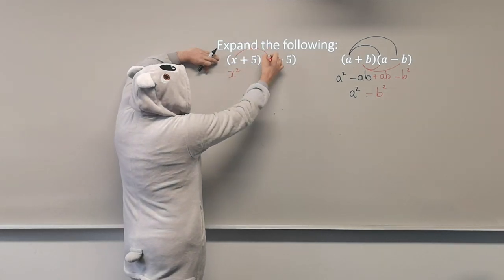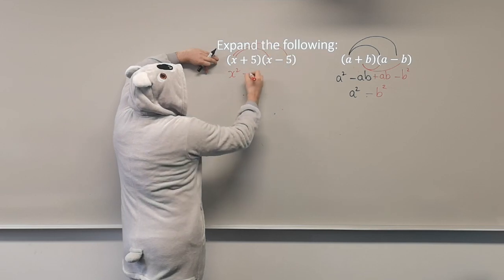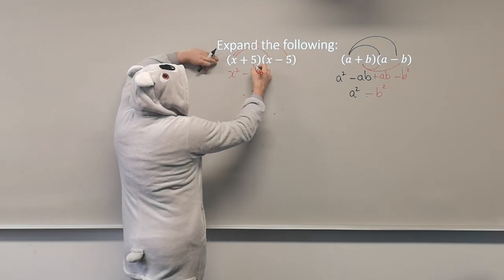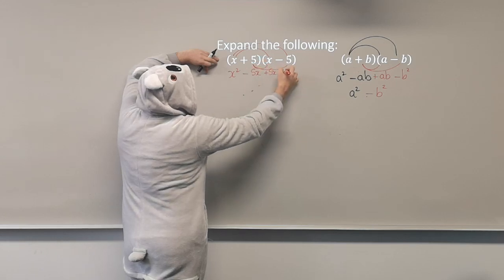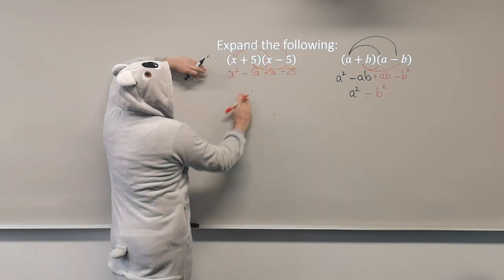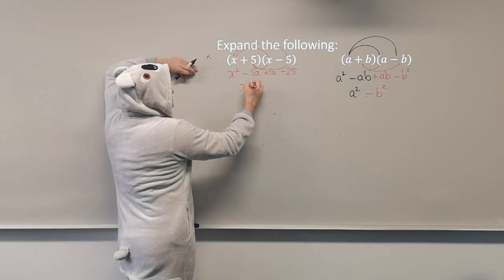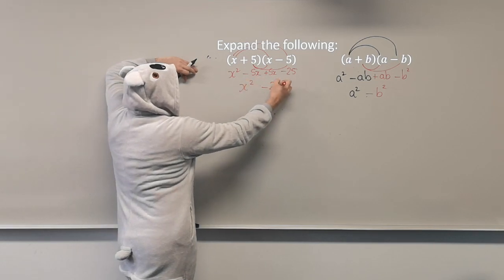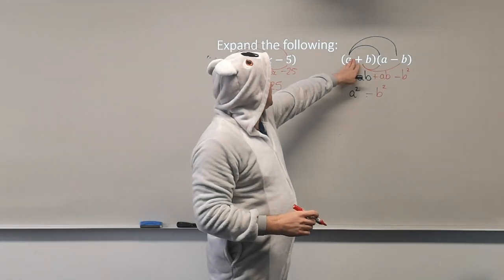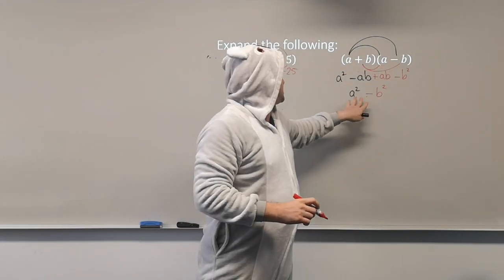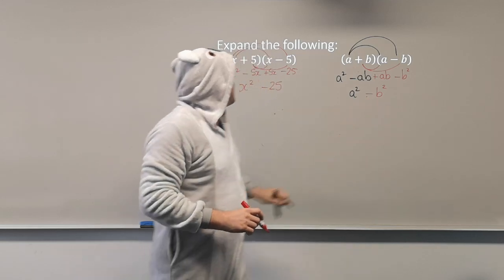So bringing this into a question with some numbers, we're going to move down to x squared minus 5x plus 5x minus 25. Collecting our terms, x squared minus 25. If we tested our theory here, does a plus b, a minus b equal a squared minus b squared?